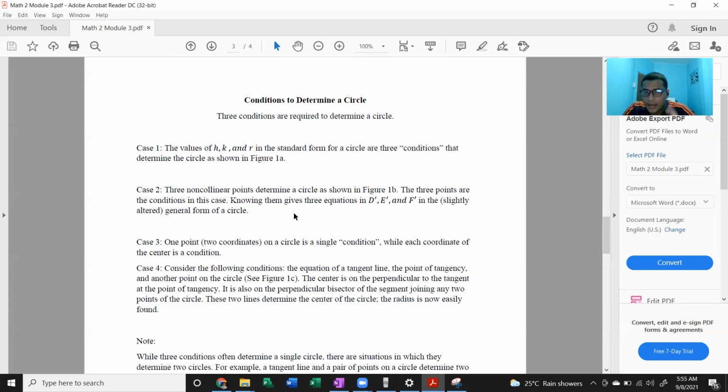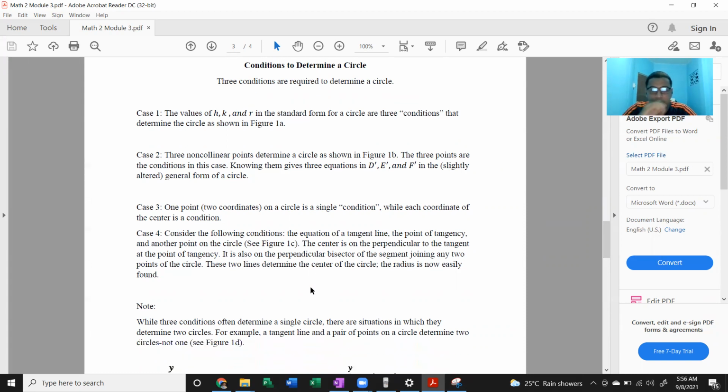Well, when we know a point on the circle and the center of the circle, we can now solve the distance between these 2 points, and that distance is the radius. So we can go back to the case 1 where we now know the center and the radius. So that's how it works. Okay, case 4.